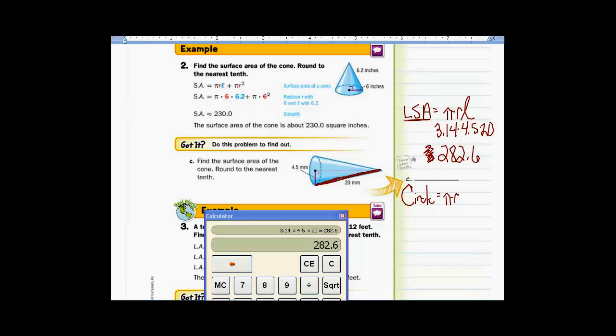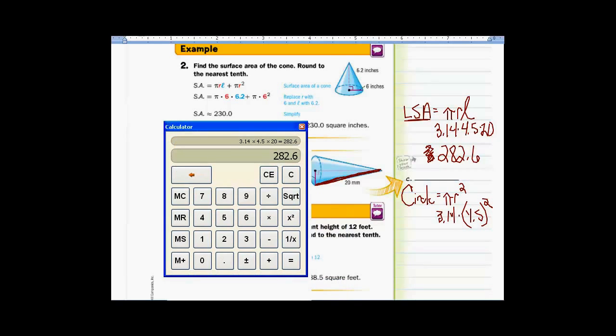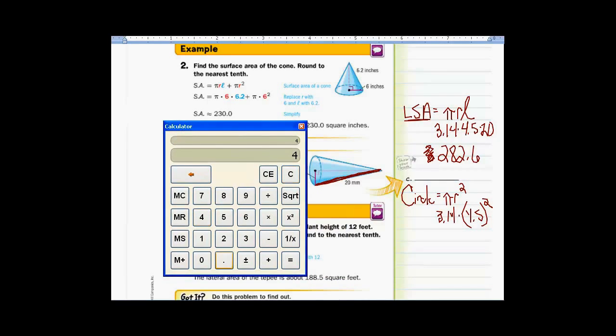Pi times radius squared. 3.14 times radius of 4.5 squared. So clearing that out, I've got 4.5 times itself times 3.14, which is 63.585.